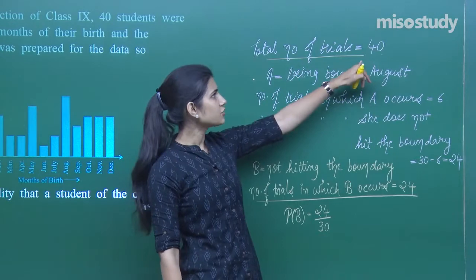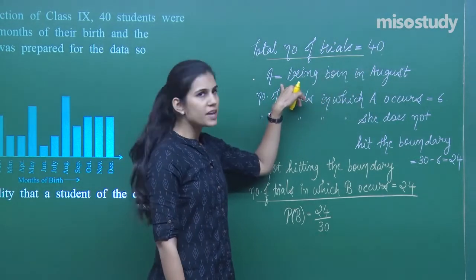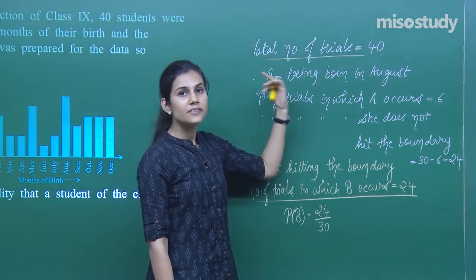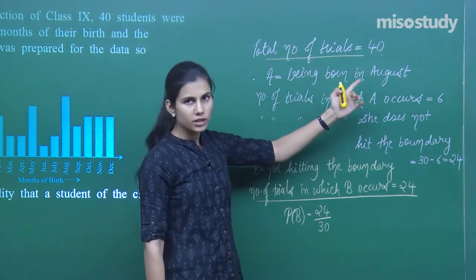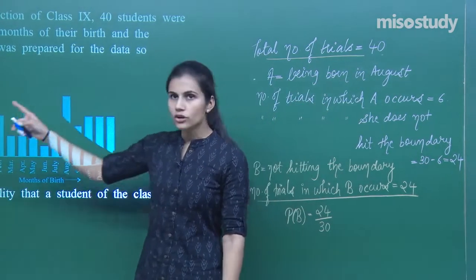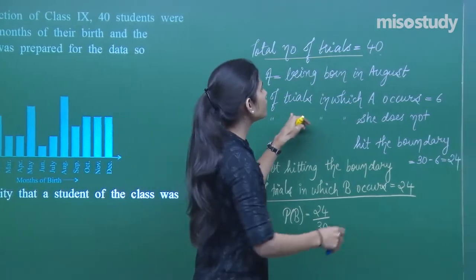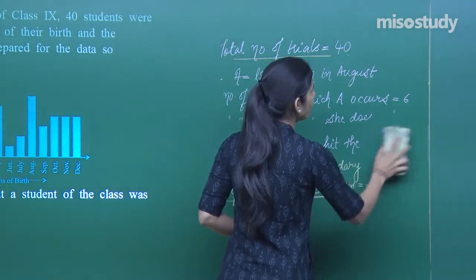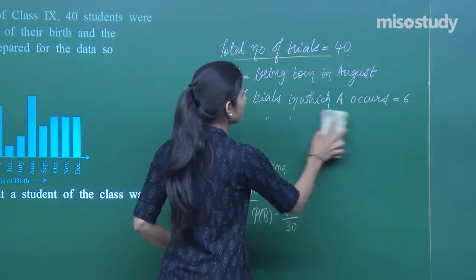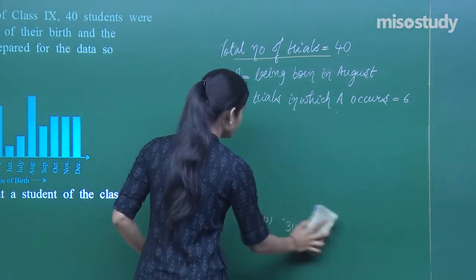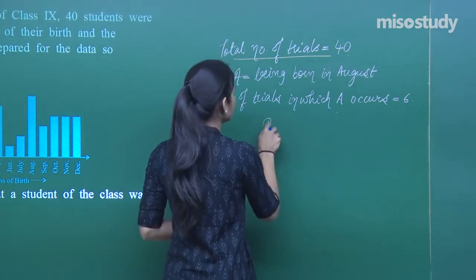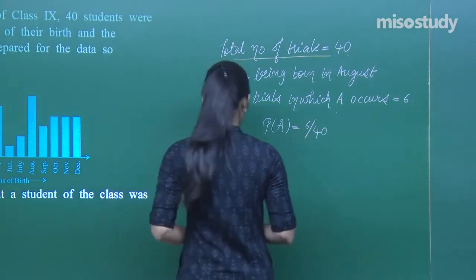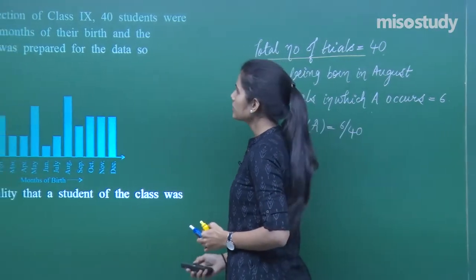That means out of 40 trials, how many trials are in favor of A? That means in how many trials event A is occurring? Out of these 40, only 6 are born in August. So, number of trials in which A occurs is 6, and therefore, probability of occurrence of event A, that means probability of student being born in August, is 6 upon 40. Is it clear? Let's look at the next question.